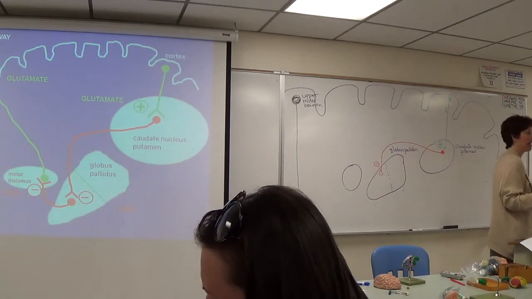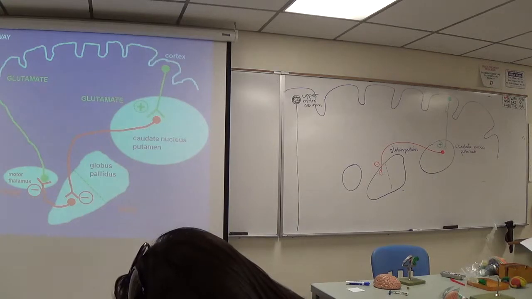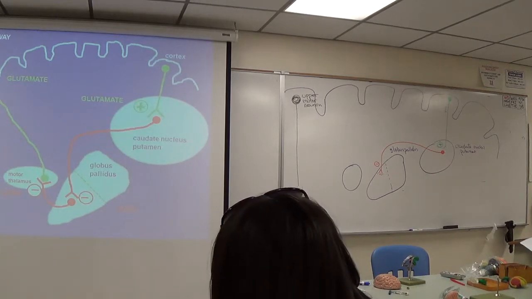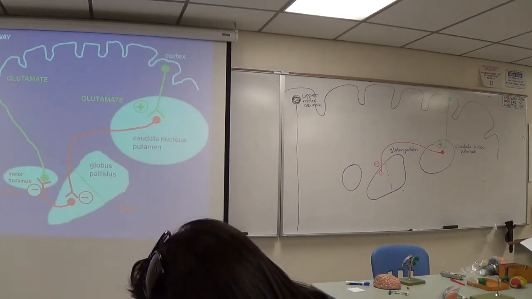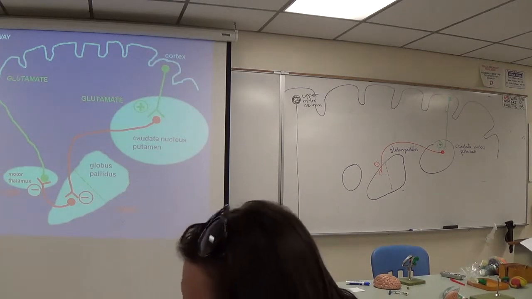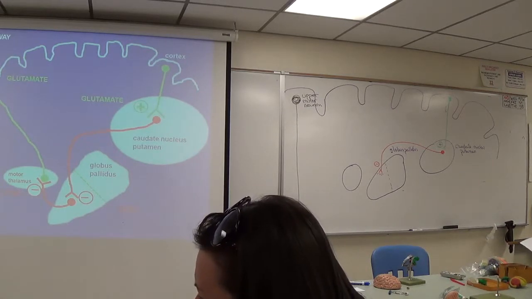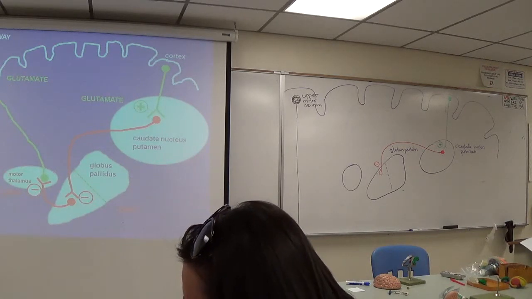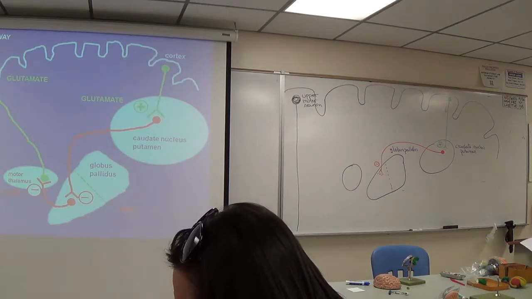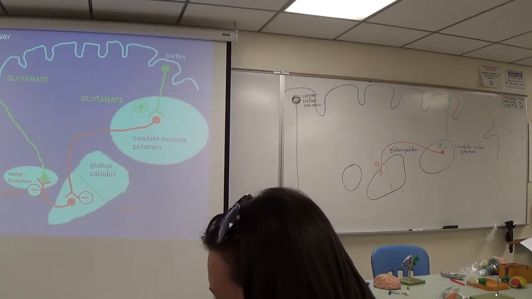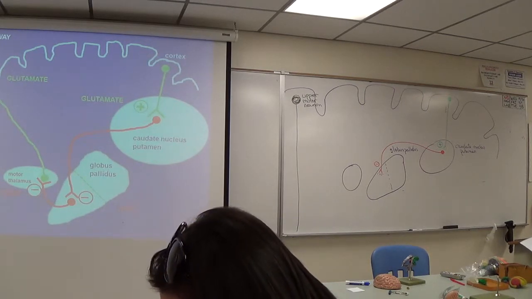There's two ways we can make the inside of a cell more negative. We can make the inside of the cell more positive. Typically, and almost always, we do it by adding positive ions. So sodium ions go in through, remember the ligand-gated channels? Sodium ions go in through those channels, and the inside of the cell becomes more positive and a current forms. If the current's strong enough, it travels down the axon.